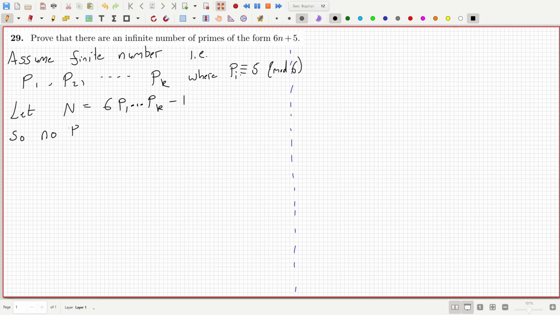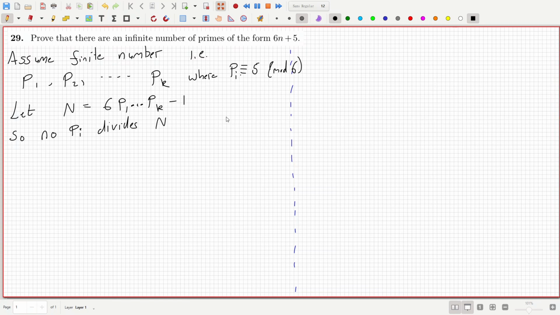No pi divides n. So no pi divides n because of how we constructed this.